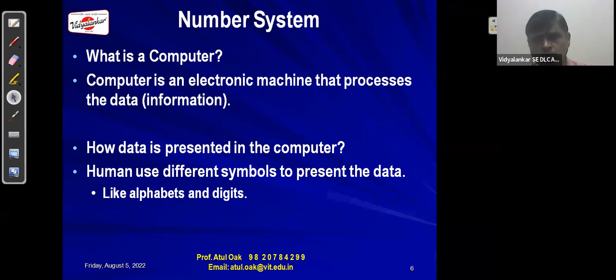Like I want to provide data as my name, then I will say ATUL. So I'm using alphabets. Or I want to present data for my mobile number, then I will use digits. Point is, humans use alphabets, digits, or a combination to present the data. But what about computers?